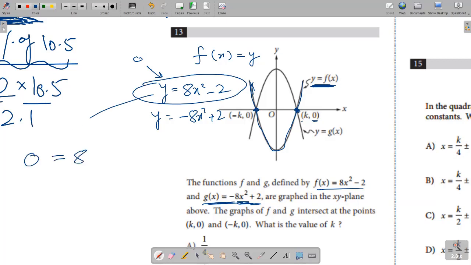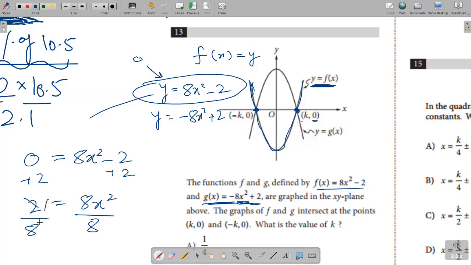0 equals 8x squared minus 2. Adding 2 to both sides, 2 equals 8x squared. Dividing both sides by 8, you get 1 over 4 equals x squared. Then take the square root of both sides.